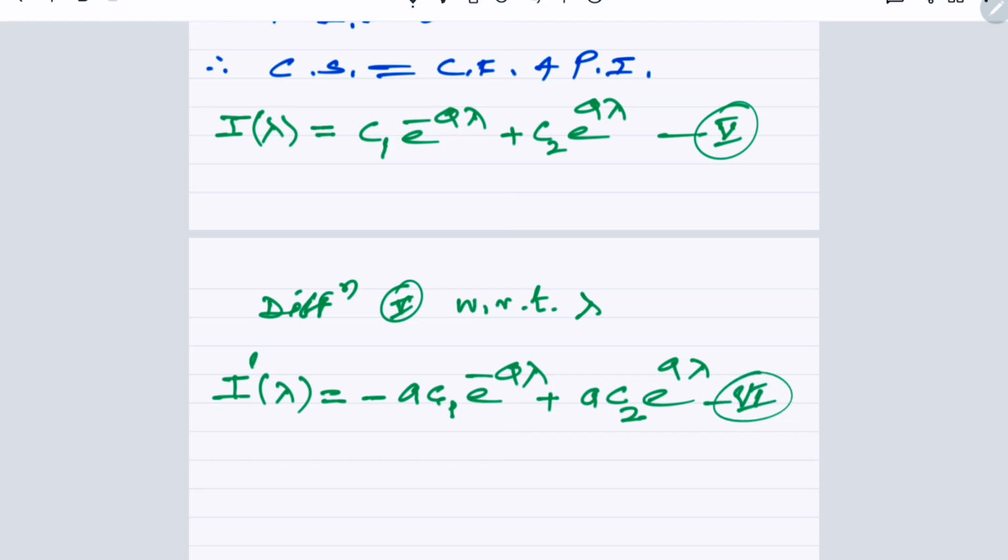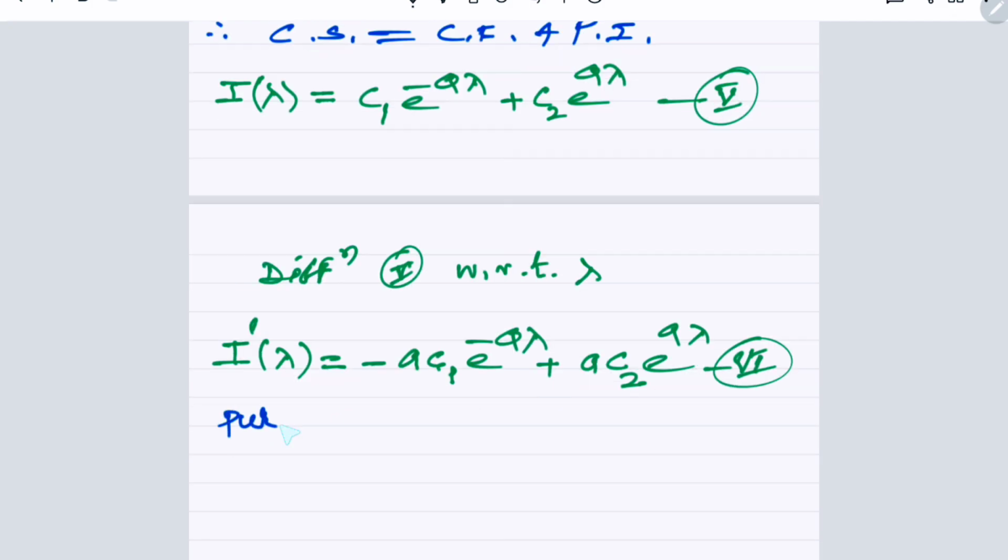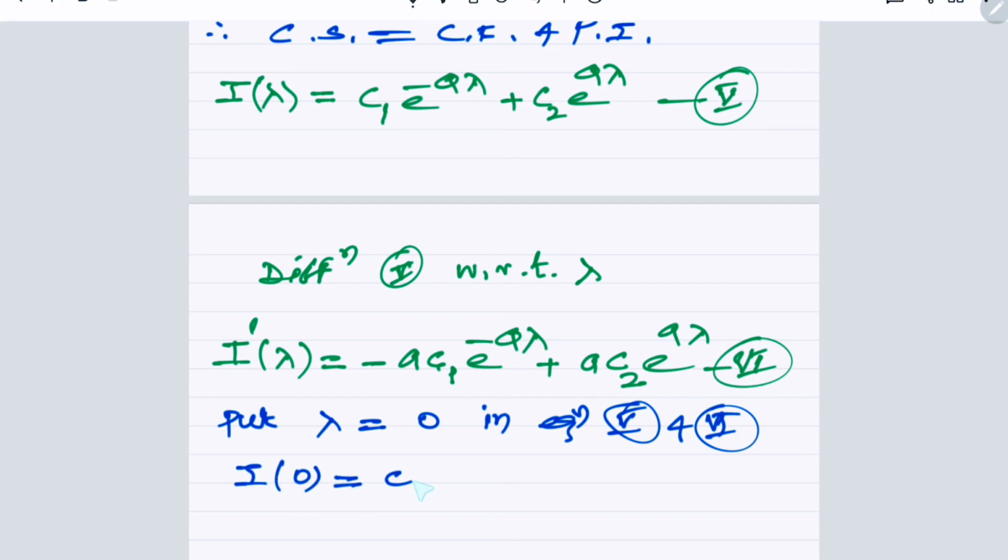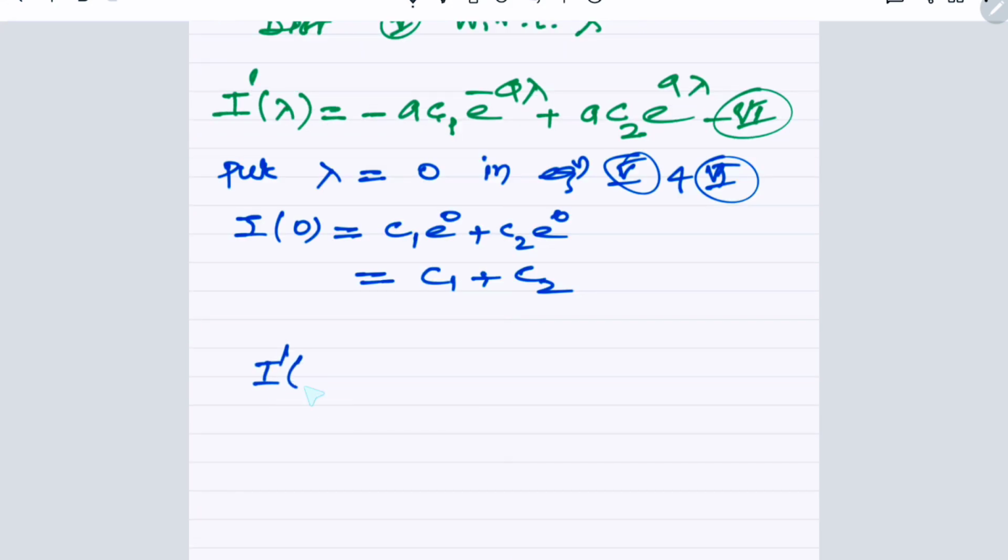Equation number 6. Then in equations 5 and 6, substitute lambda is equal to 0. We get I of 0 is equal to c1 e raised to 0 plus c2 e raised to 0. But e raised to 0 is 1, so it is c1 plus c2 as I of 0.